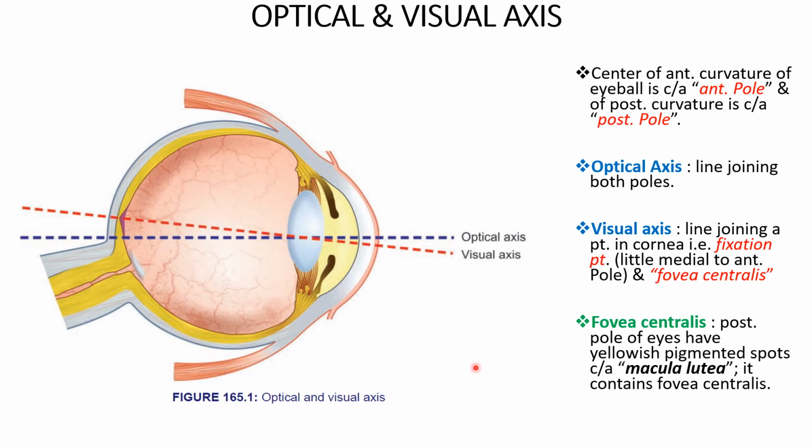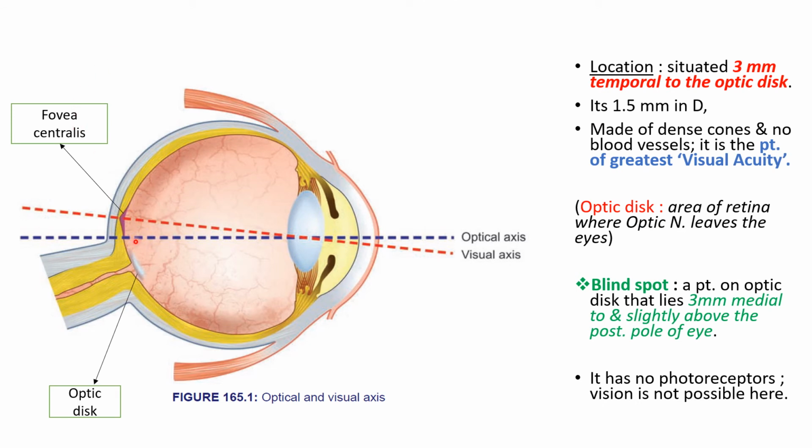The fovea centralis is the center point of the macula lutea. That is, it is a yellowish pigmented spot present in the posterior pole of the eyeball. This is the area of the macula lutea, which contains the fovea centralis. The fovea centralis is situated approximately 3 mm temporal to the optic disc and it has a diameter of 1.5 mm.